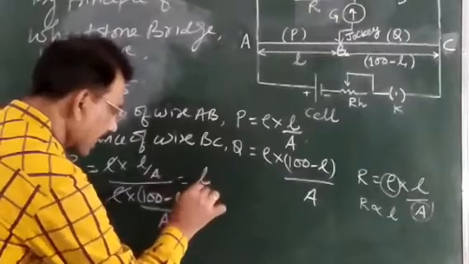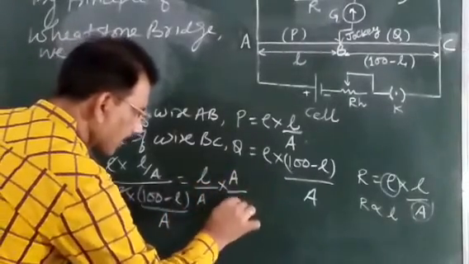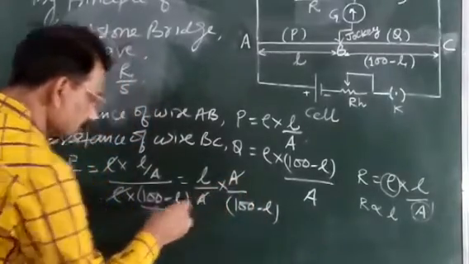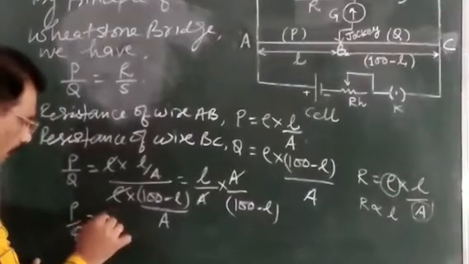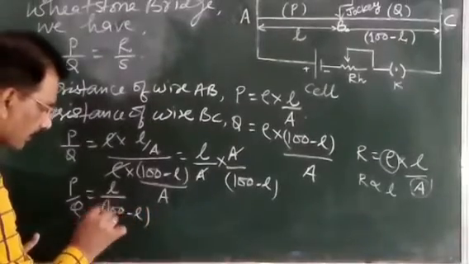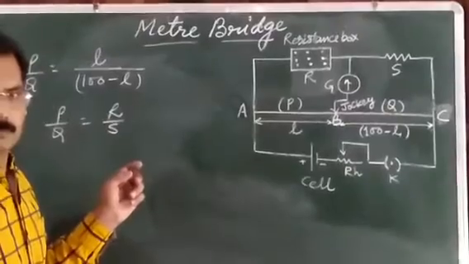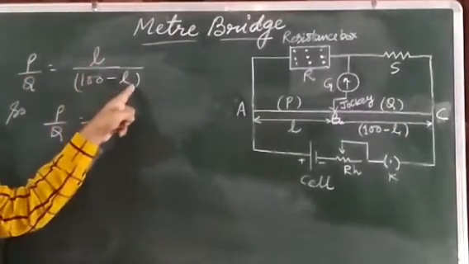So we can write here L upon A into A upon 100 minus L. A is cancelled by A. So simply we can say here P by Q is equal to L upon 100 minus L. So P upon Q is how much? L upon 100 minus L.